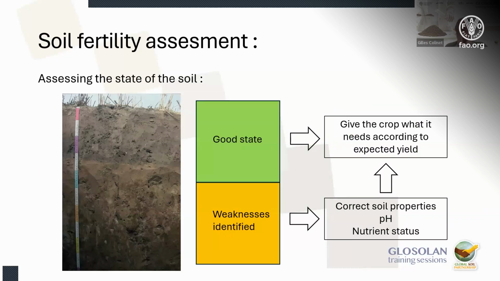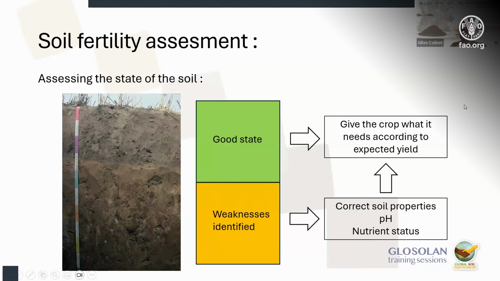So the main idea when you assess the state of the soil is to be able first to evaluate if it's in a good state, or if you can identify some weaknesses, for example, phosphorus deficiency, risk of phosphorus deficiency, of potassium, and so on.